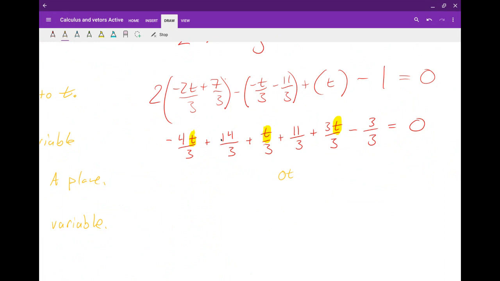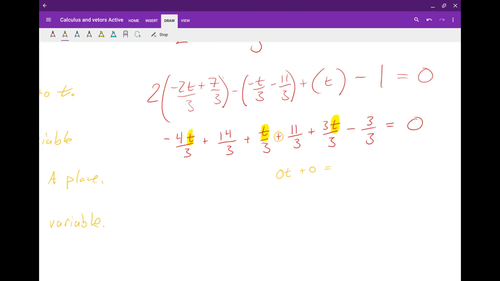I think this 11 is supposed to be negative, because I'm supposed to also get a 0 here, plus 0 equals 0, okay?